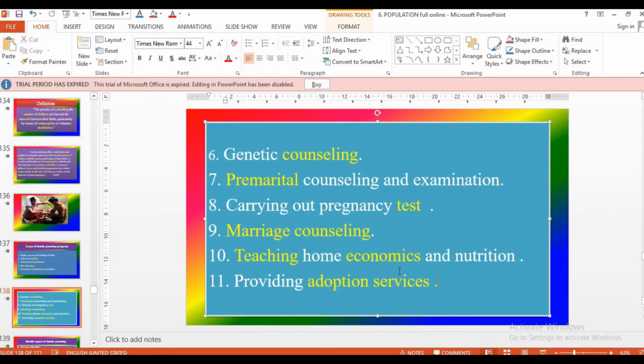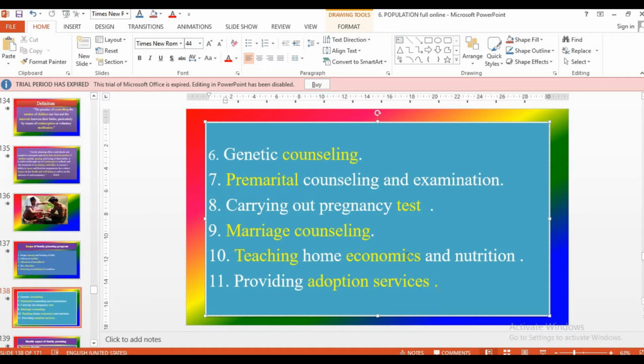Eleventh one, providing adoption services. Some couples are unable to bear a child due to sterility, due to problems in the husband or wife. For example, the sperm count may be low in the husband, making it difficult to fertilize.